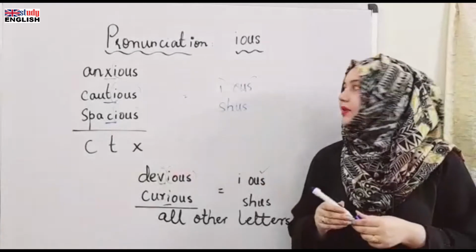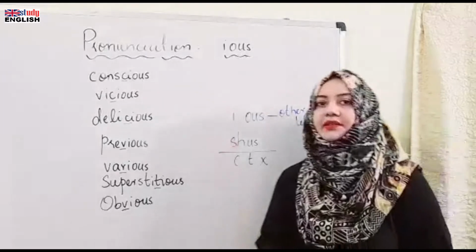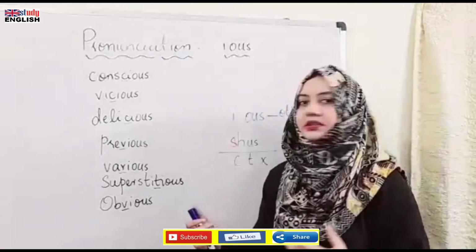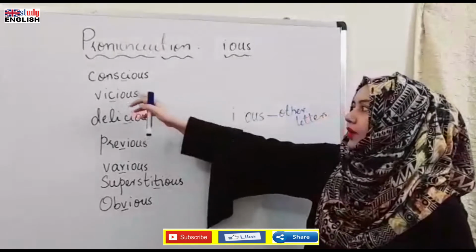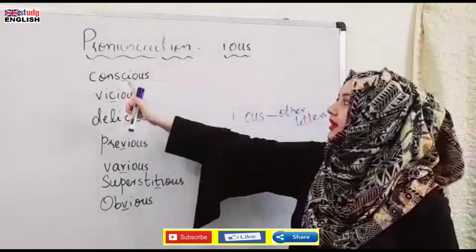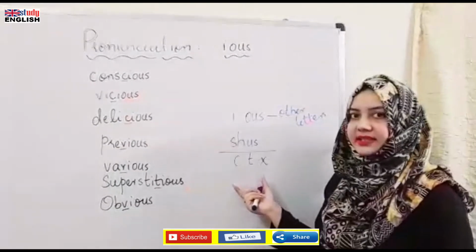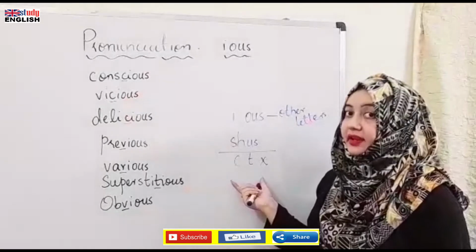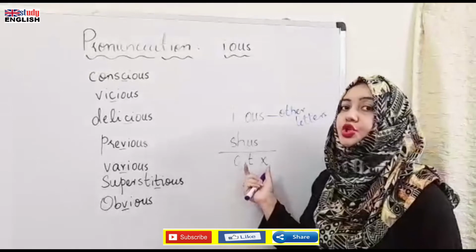Okay, let's see some other examples and you will understand it better. Here we have some other very important words, words which we speak a lot. Number one, before IOUS we have C. Is this C our special letter? Yes, C is our special letter that will give us the sound "shus".